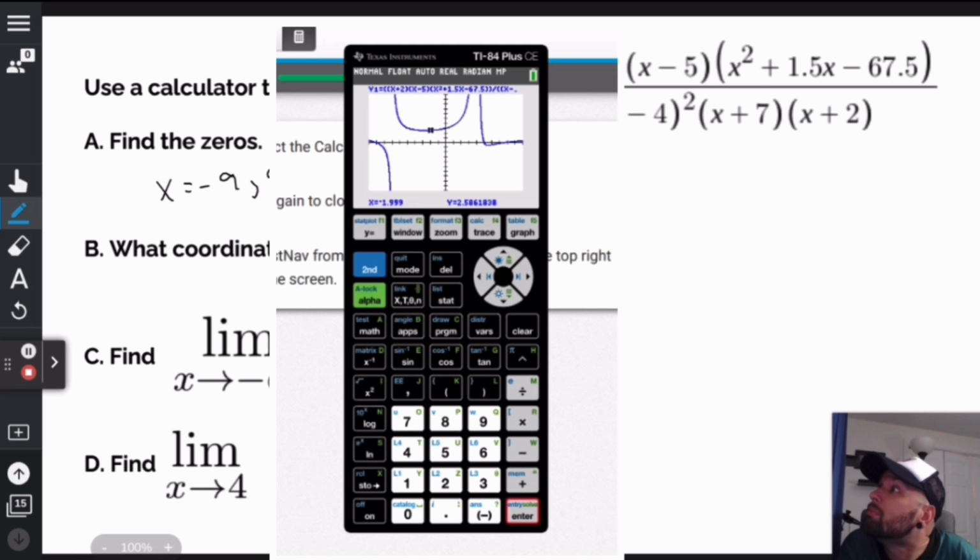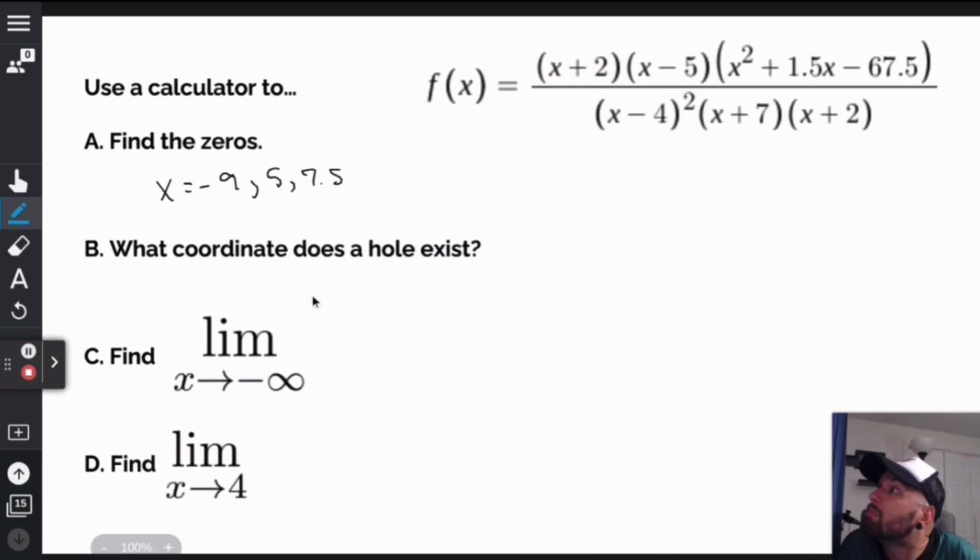So since I got 2.5869 and 2.5861, let's settle on a final answer somewhere in between at 2.5865. Oh, magnificent. So the coordinate is going to be -2, 2.5865.